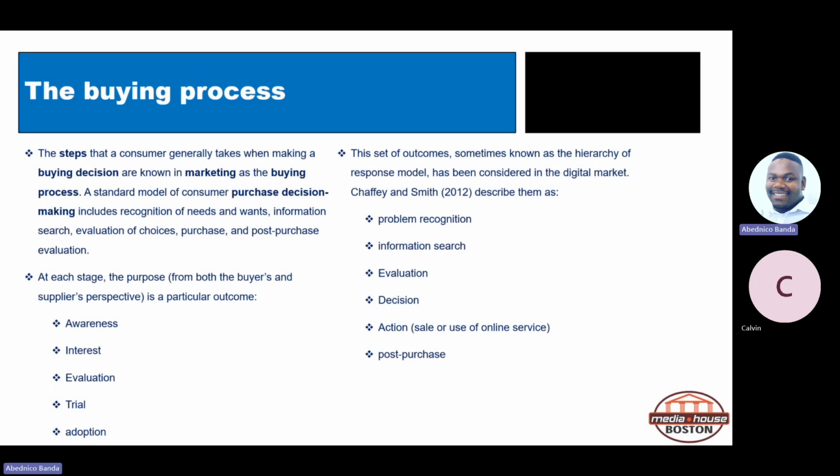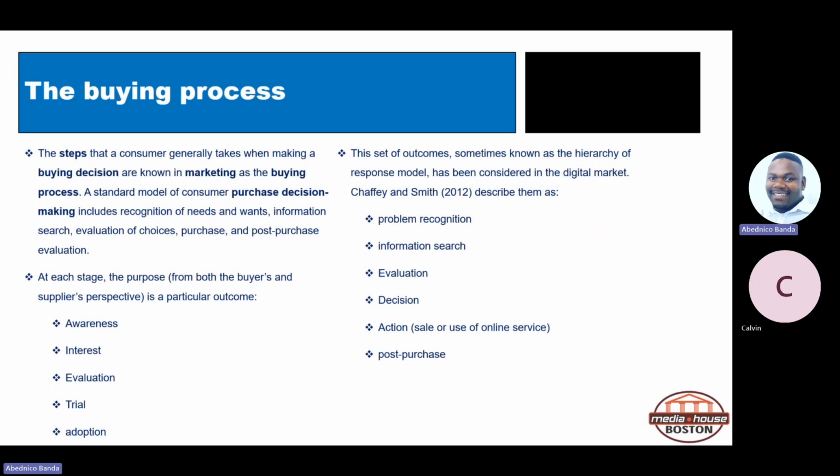So at each stage, the purpose from both the buyer's and the supplier's perspective is a particular outcome. So you want people to be aware that you have got bread because they need bread. You want people to generate interest in that bread.